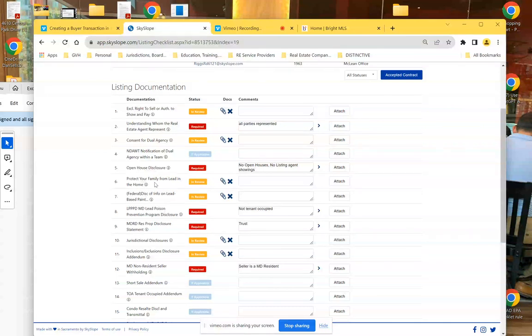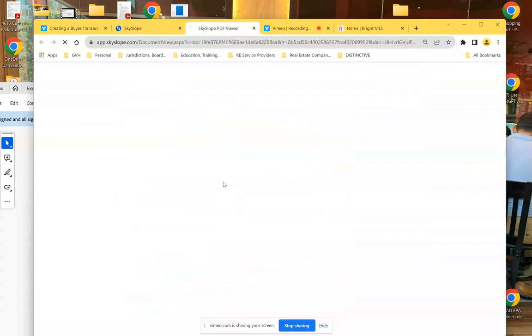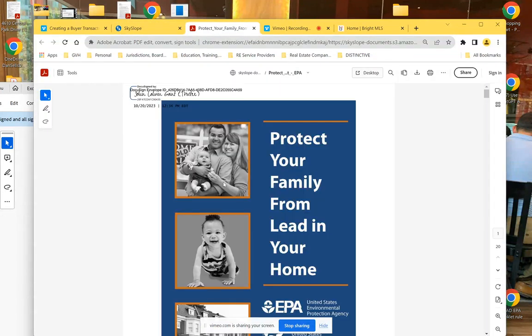Federal law requires that we provide the documentation of the protect your family from lead in the home. I've attached it here, and you'll notice that what I've done is I have actually gotten my client to sign that so that I have evidence that I have provided the document to him.